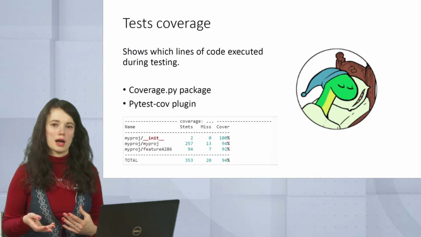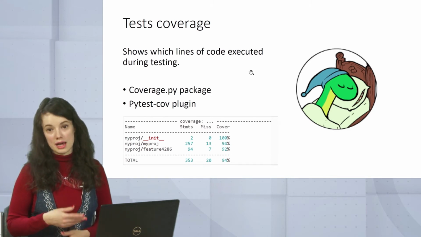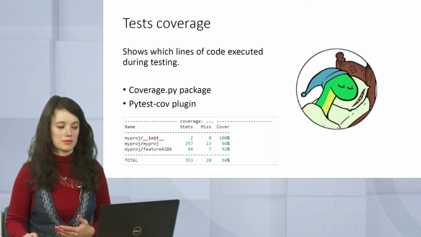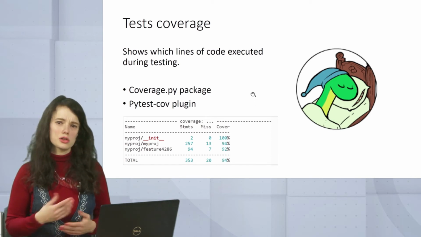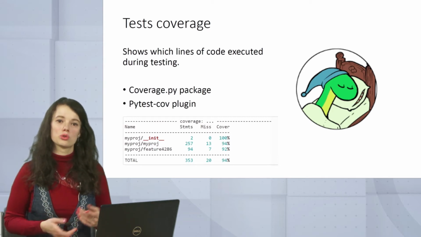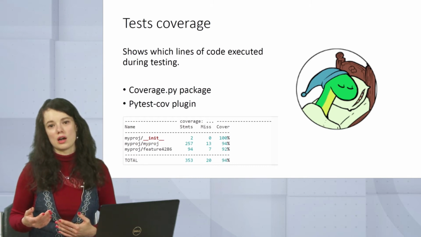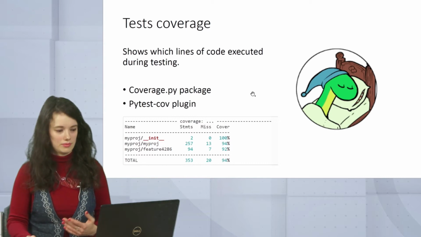As for coverage, coverage.py is the package which shows you how many lines of your code were executed during your testing, as you can see on the picture, which doesn't show how well you tested, but may help you to check whether you tested all your lines of code or not. But it's not necessary to test all your lines of code every time.